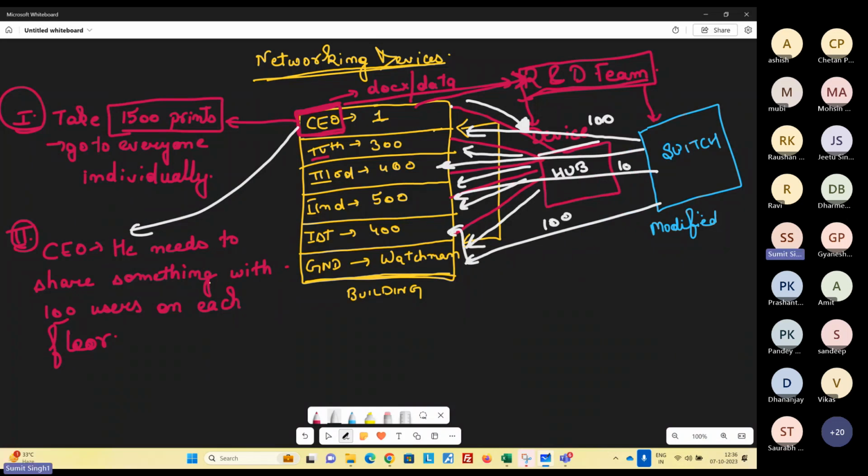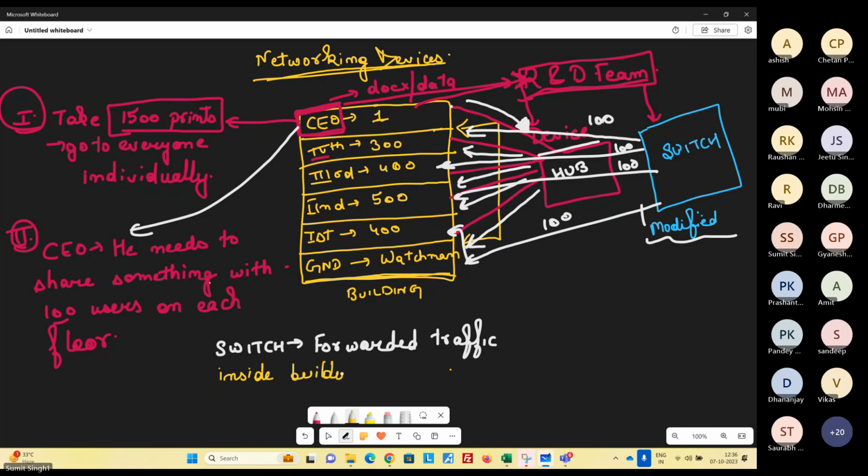100, 100, 100. That means what Switch did? Switch forwarded traffic inside the building to specific users only.